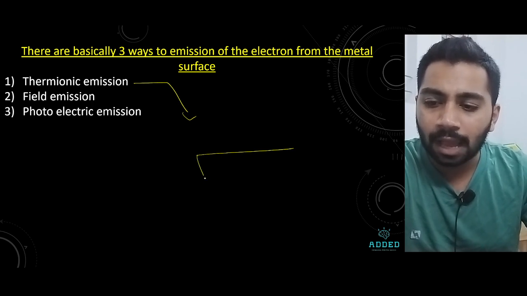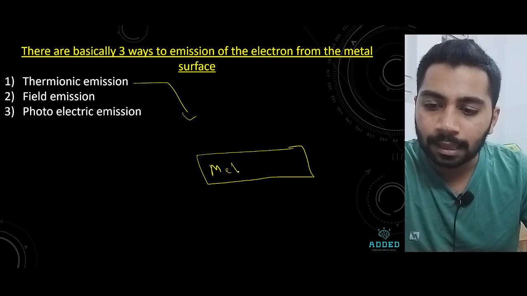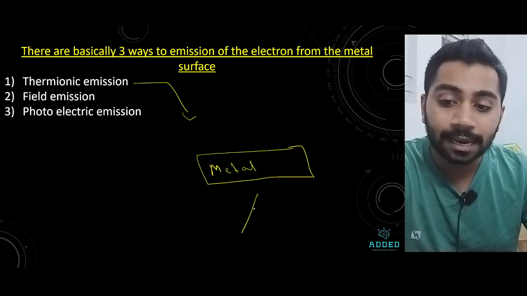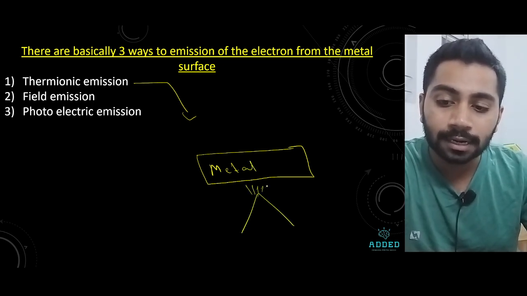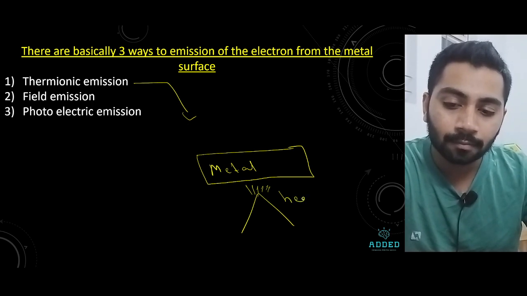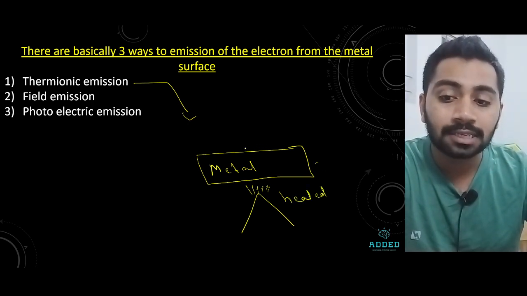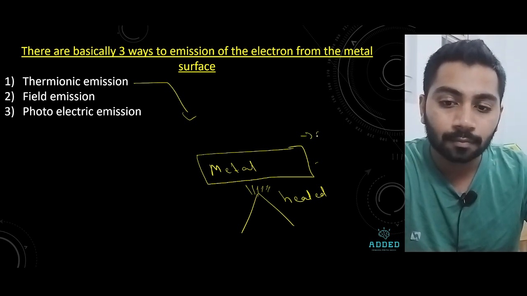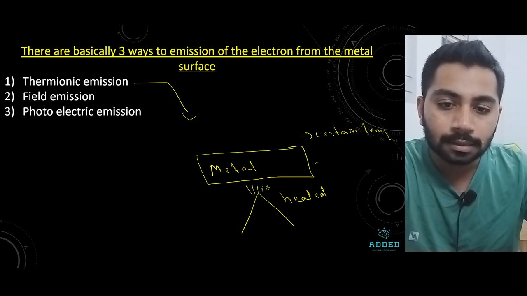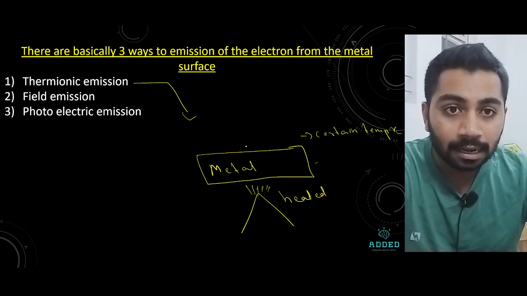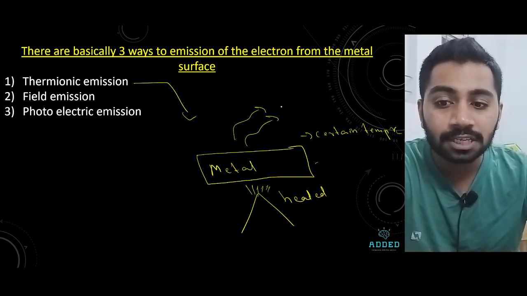When a metal is heated to a certain temperature, this metal emits electrons.